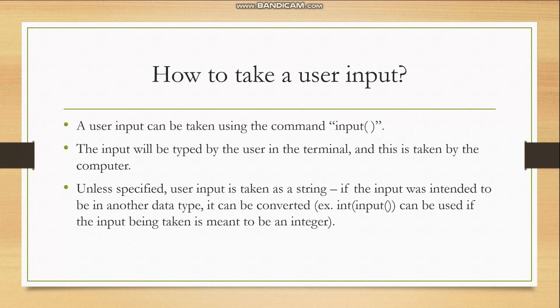So for example, if you're taking an integer input, you take the input and then you convert it to an integer. As you can see here, you take the input here and then you convert it using the int thing that you saw like 2 minutes ago. And it can be used if you take it as an integer. Now, let me show you why this is important.